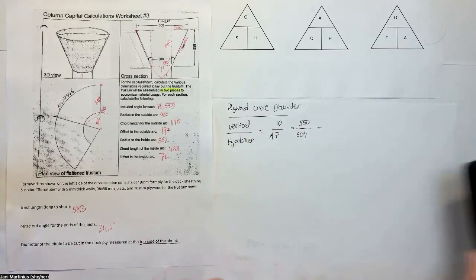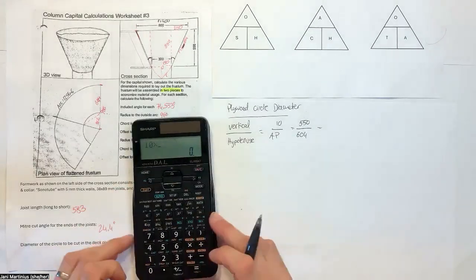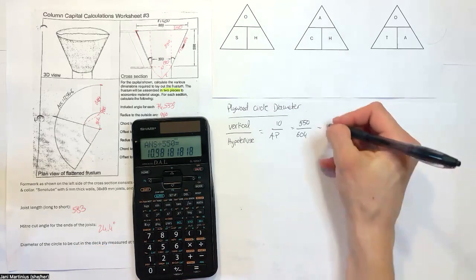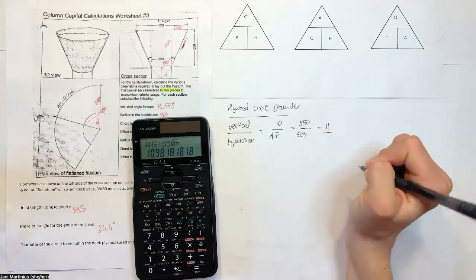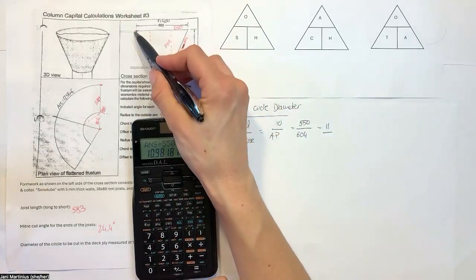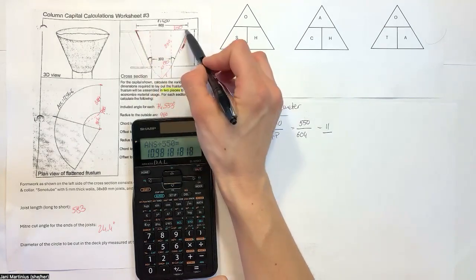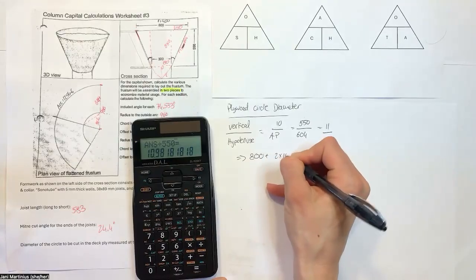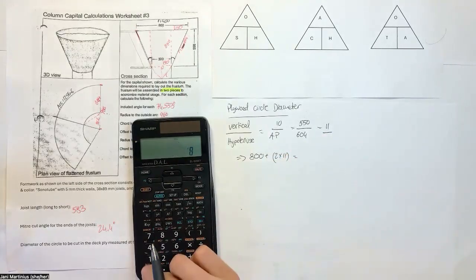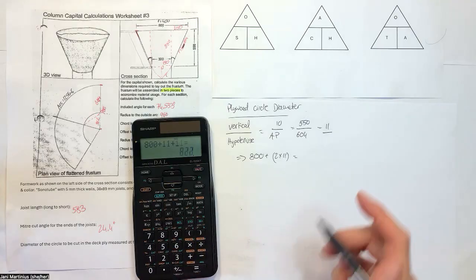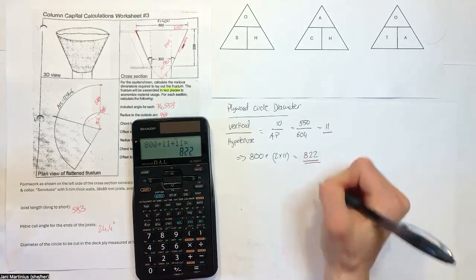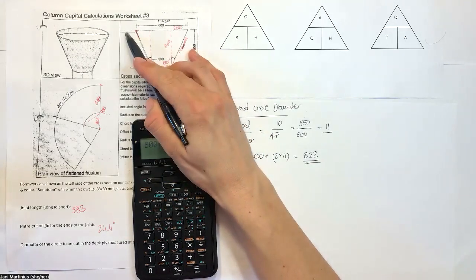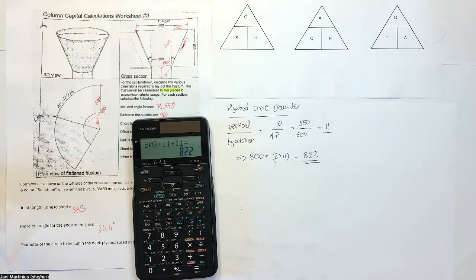Now cross multiply and divide. 10 times 604 divided by 550 gets us 11. To find the full distance, 800 plus the 11 on each side. 800 plus 11 plus 11, 822. And that is the diameter of the hole that we need to cut into this sheet of plywood right here. And that is it.